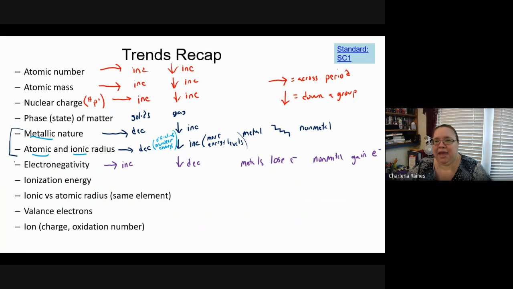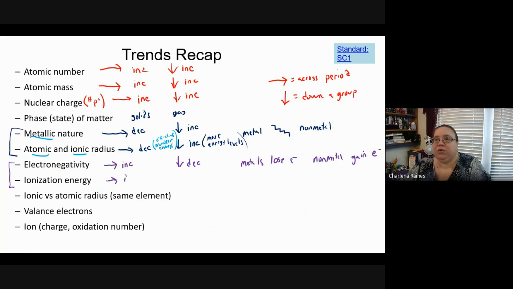So ionization energy has the same pattern as electronegativity, even though they measure opposite things. Ionization energy is the energy needed to remove an electron. But again, if we think of it in terms of a metal likes to lose, therefore it's going to be really easy to get rid of their electrons. But nonmetals want to gain. That means it's going to be really hard to pull that electron off.